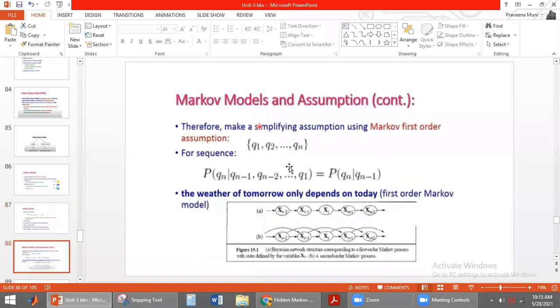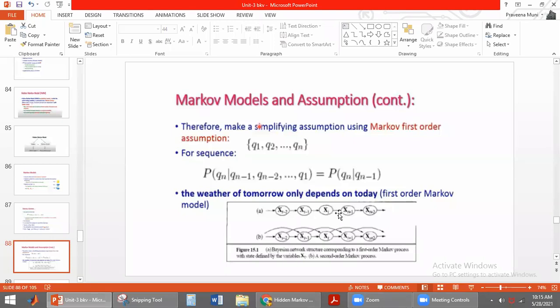We have already discussed that there are two types of Markov process: the first order Markov process and the second order Markov process. In the first order Markov process, today's weather depends only on yesterday's weather. That is, xt, today's weather, depends upon xt minus 1.